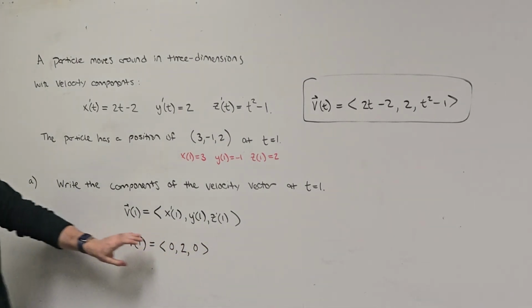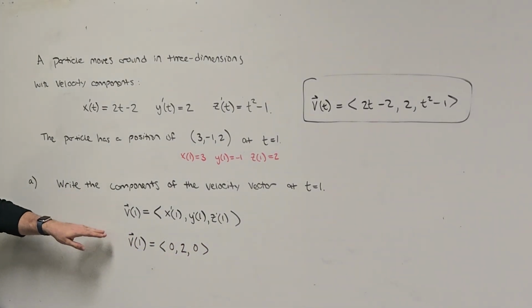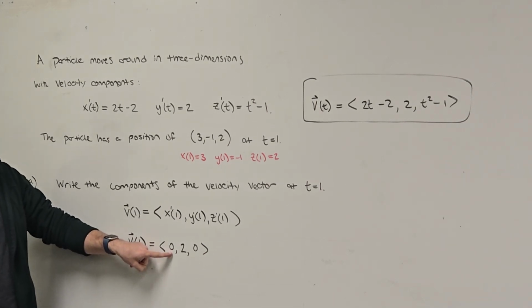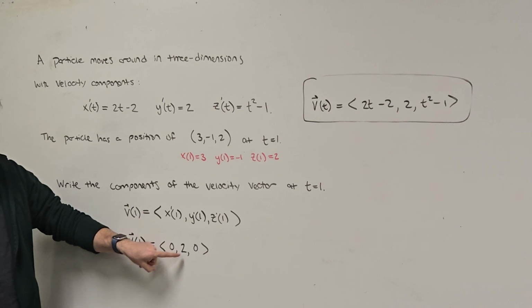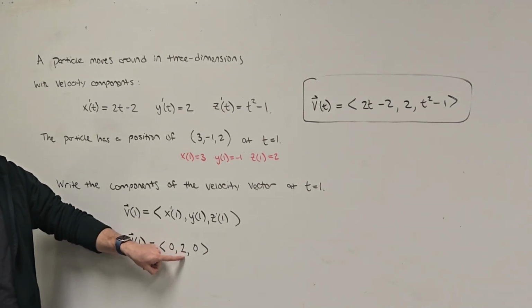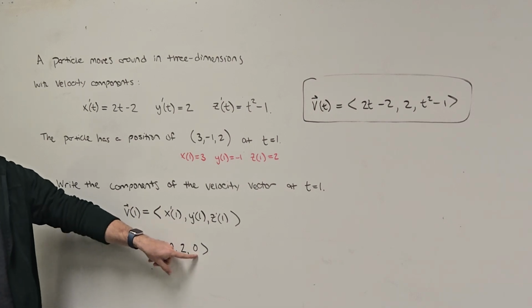So let's make sense of this answer here. This is a velocity vector. This is saying at t equals 1, I am not changing in the x direction. I am increasing in the positive y direction. I'm not moving at all in the z direction.